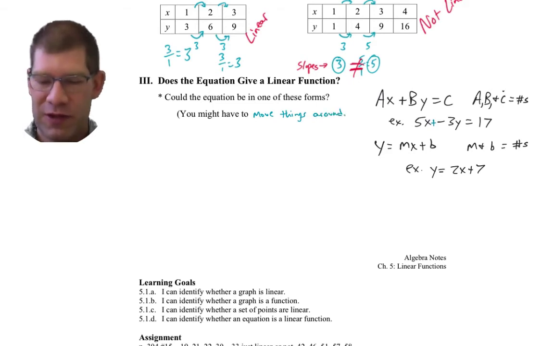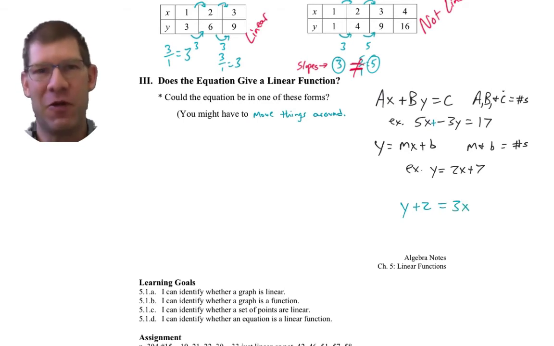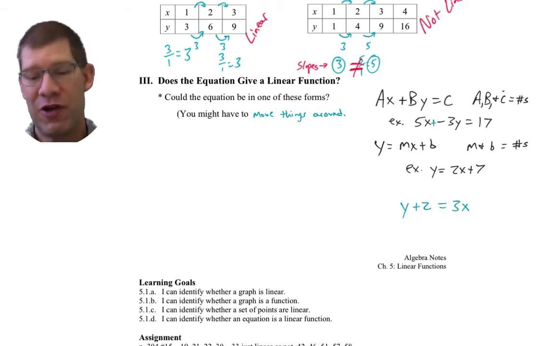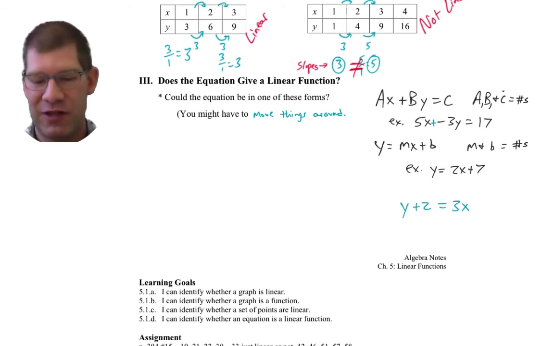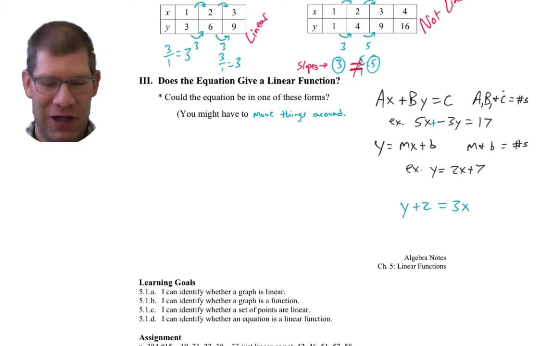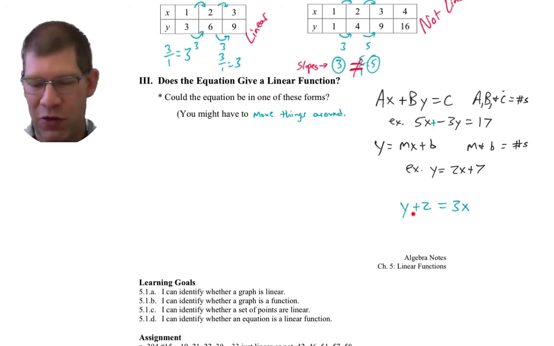In other words, we might get something like, I didn't really plan for this, so this is a little off the cuff, but if we have y plus 2 equals 3x, that doesn't fit either one of those equations. But we could try to change it into this, or change it into that. We could do either one. If we wanted to change it into that top one, we could subtract y and put it over here, and we'd have 3x minus y equals 2.